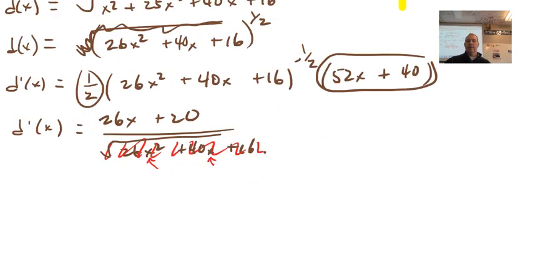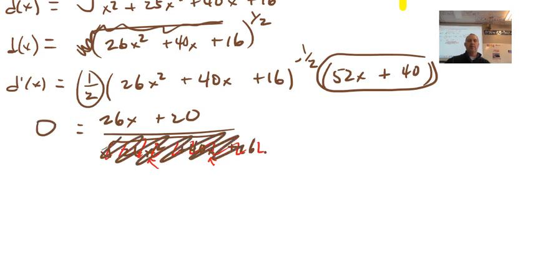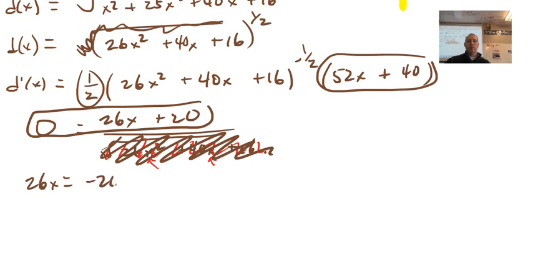So when I let the derivative equal 0, I basically can forget about the bottom and just focus on the numerator equaling 0. And so that's going to be what? 26x equals negative 20, x equals negative 20 over 26, and that's x equals negative 10 over 13.